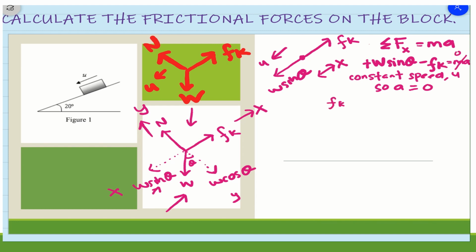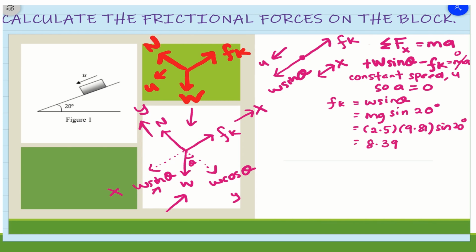So kinetic friction equal to W sin theta, with W equal to mg, using the formula sin 20 degrees. So mass equal to 2.5, g is 9.81, sin 20. The answer is 8.39 Newton.